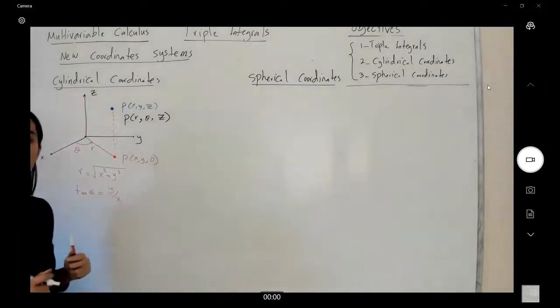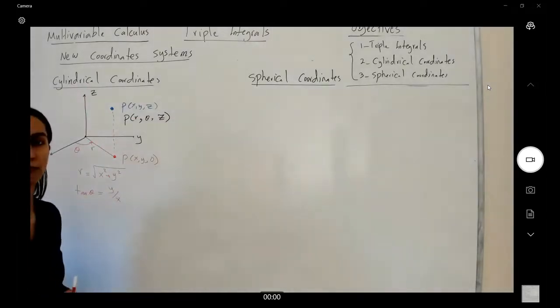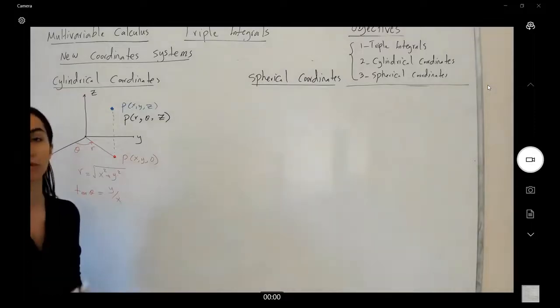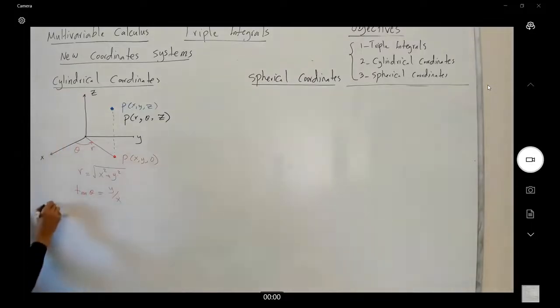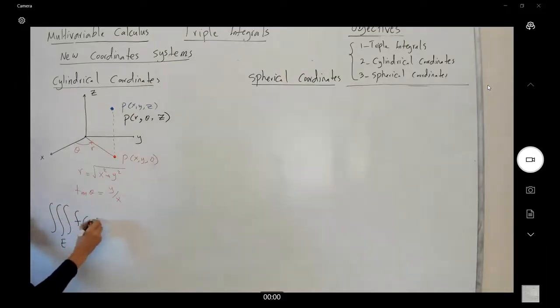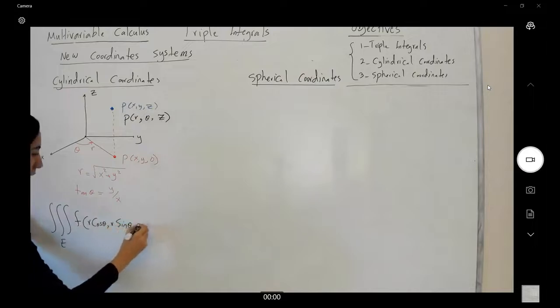When we have cylindrical coordinates for a continuous function on a general region like E, the triple integral can be written as f of r cosine theta, r sine theta, and z.